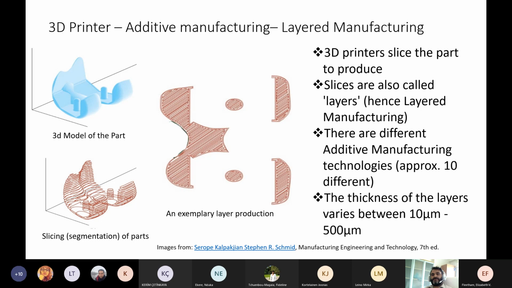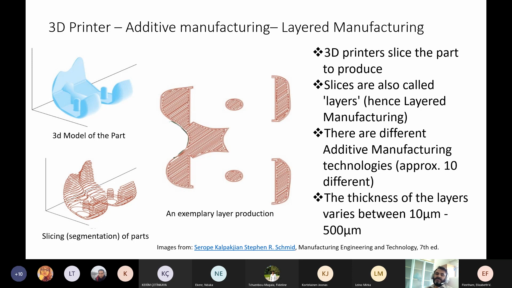In the next slice, it continues by adding on the previous one. Since the production is done by adding the slices on top of each other, this technology is called additive manufacturing. We technically call each slice a layer, so this production method is also known as layered manufacturing.